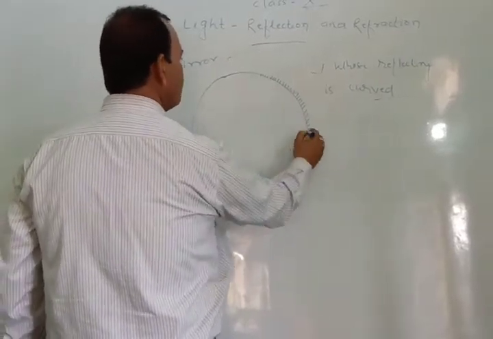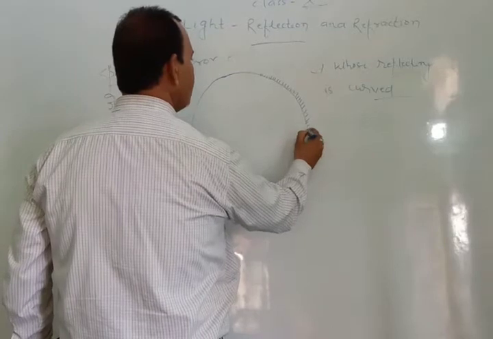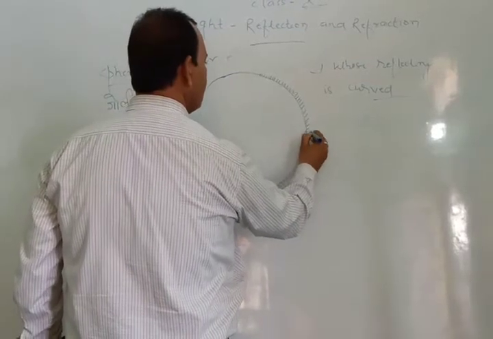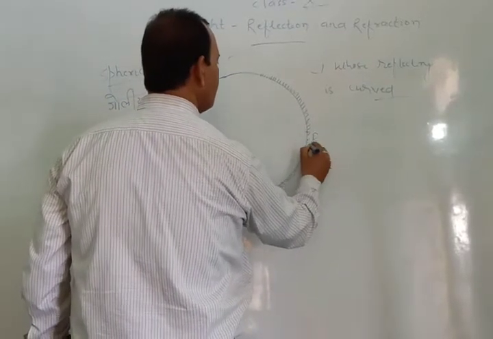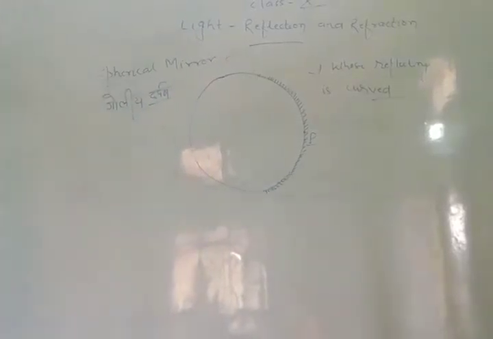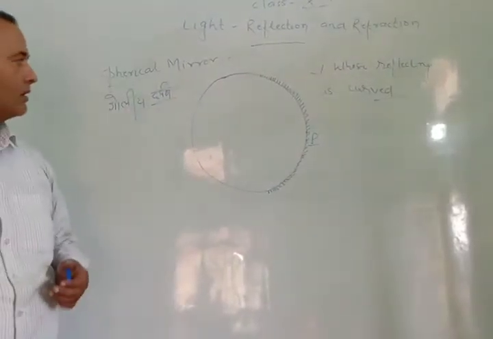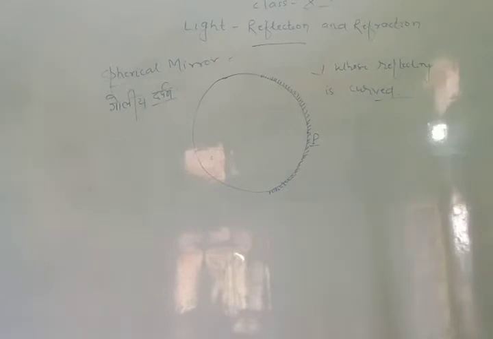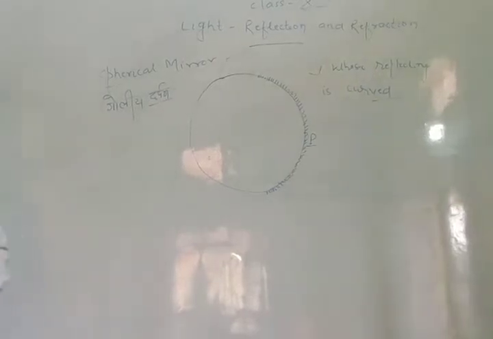At the center of this mirror, we will consider a pole. Here is the pole, and we denote it by capital P.